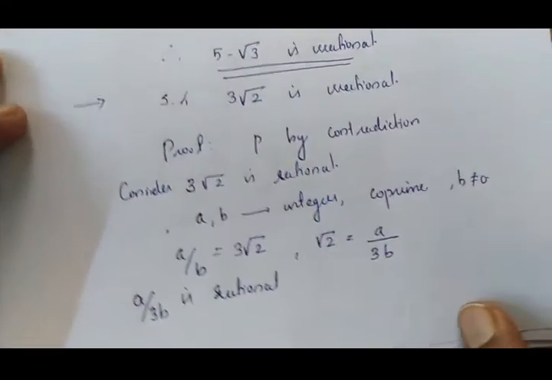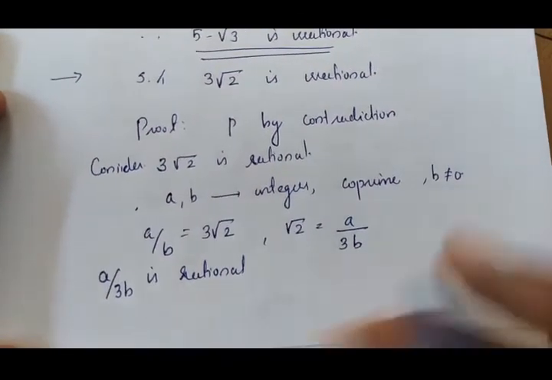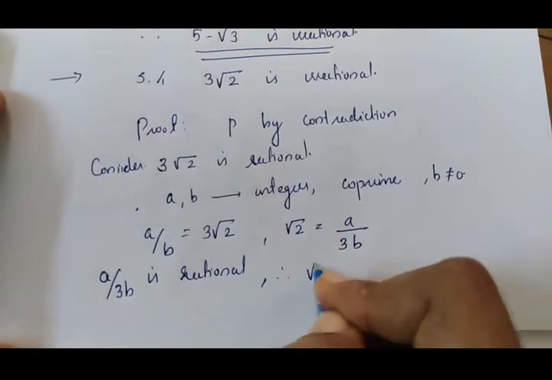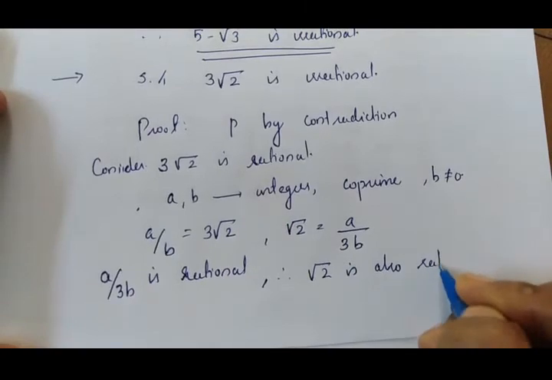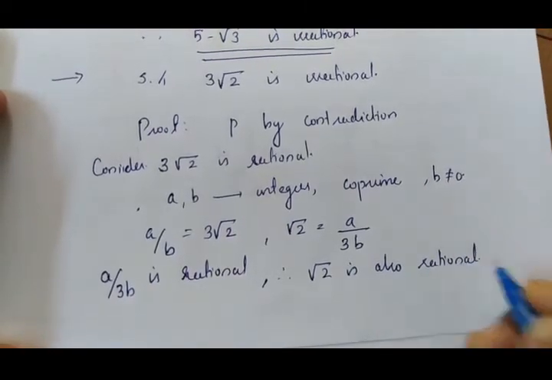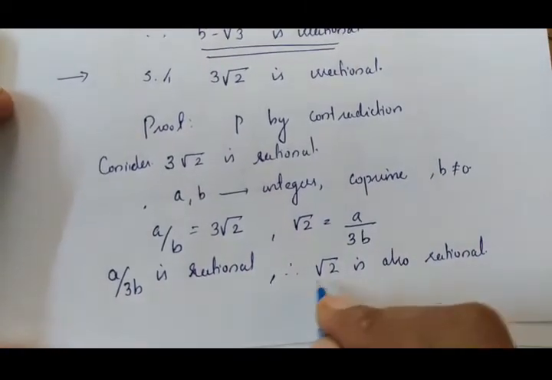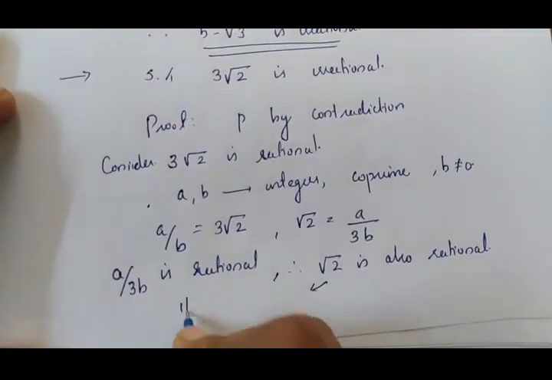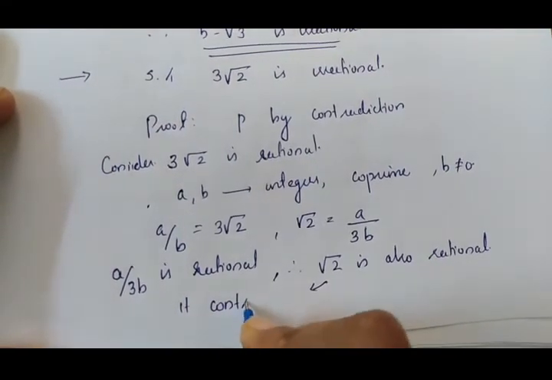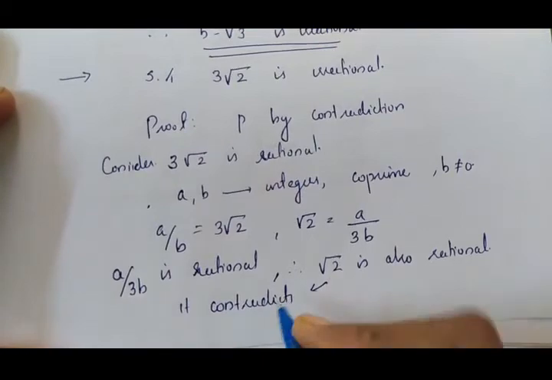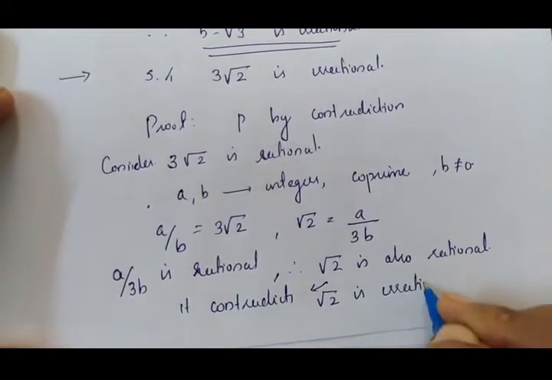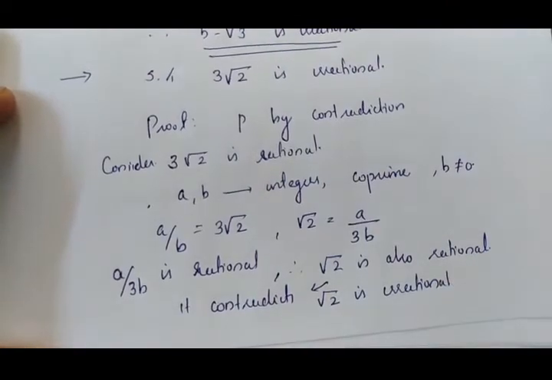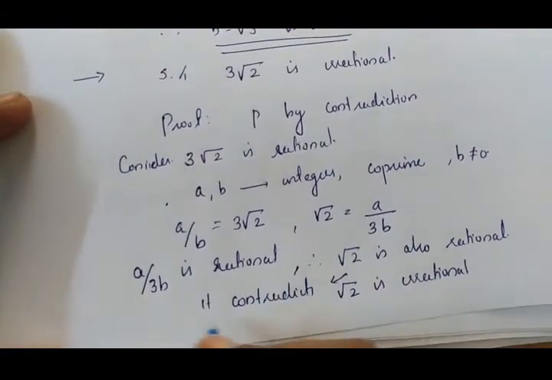Therefore, root 2 is also rational. It contradicts the statement that root 2 is irrational.